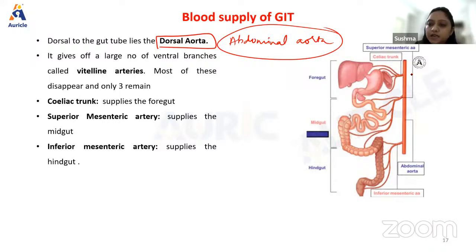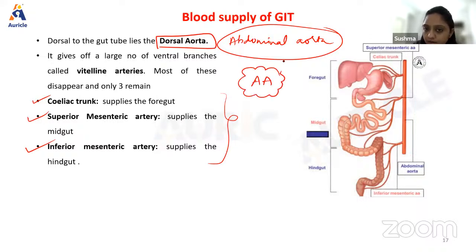The first branch that arises is the celiac trunk that supplies the foregut. Superior mesenteric artery supplies the midgut. Inferior mesenteric artery supplies the hindgut. This is very, very, very important to understand. Okay, the entire gut GI tract is supplied by the abdominal aorta. Is it not? Right?